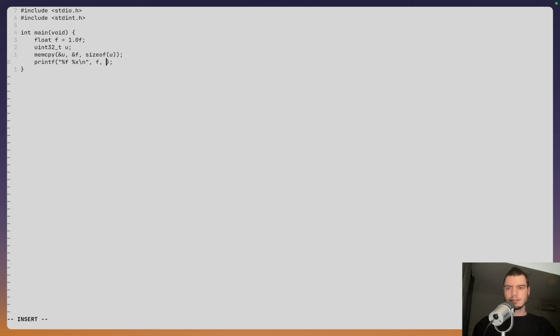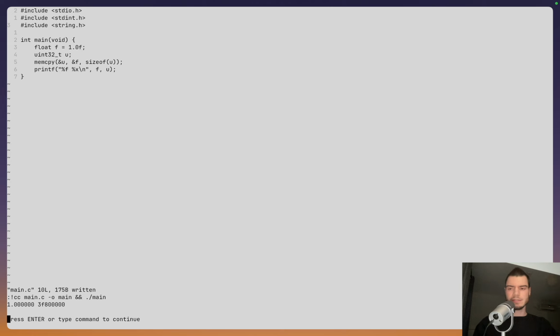And now you've basically taken the bits of the floating point value and copied them one by one into the integer value. And this is basically what we want. We just want to look at the same bits, but interpret those bits in a different way. And this should give us the same result, except I've forgotten to include string.h. And we get the same value.